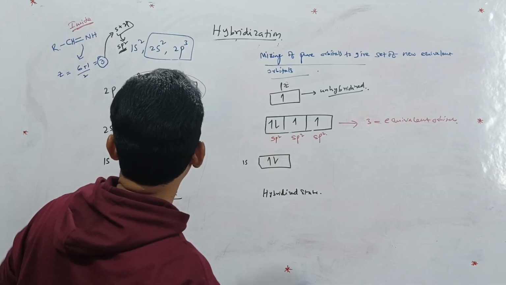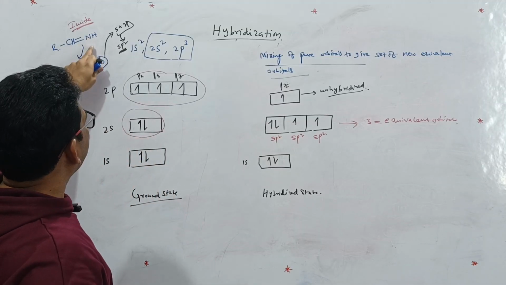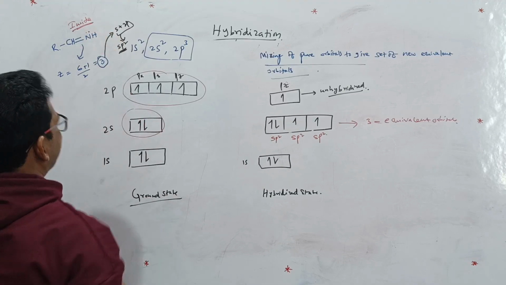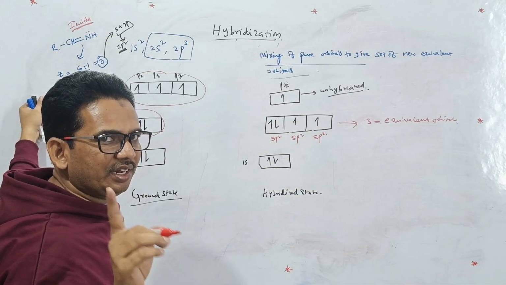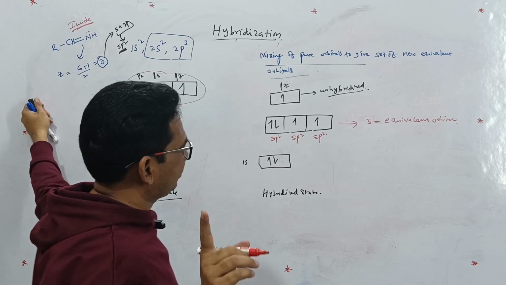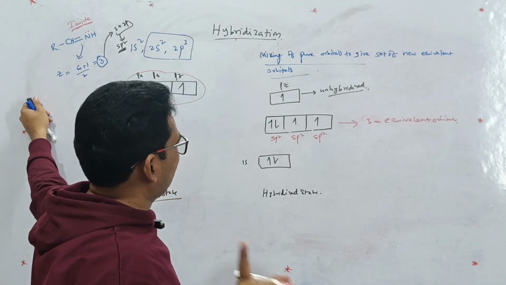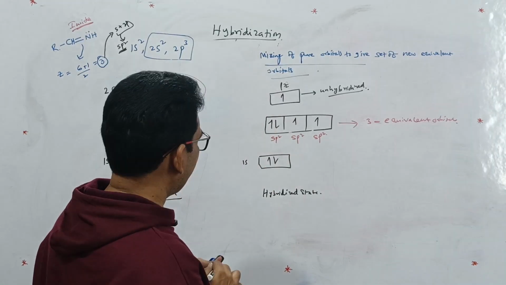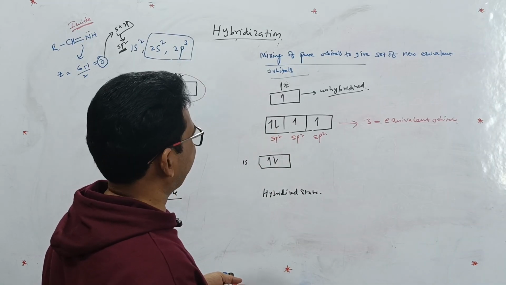But in nitrogen, that's why I told you, it has the lone pair of electrons. Always remember that nitrogen has an extra pair of electrons. That's why it is fully filled. This is the sp2 hybridization.